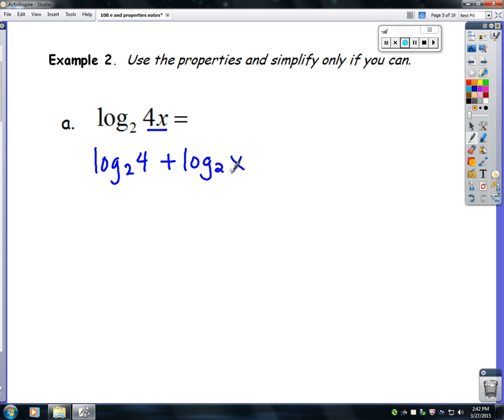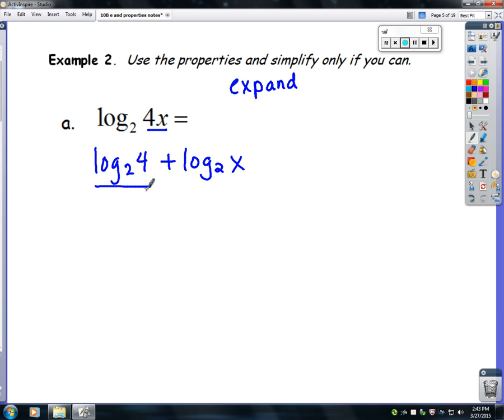Sometimes your directions are going to say expand. That's what we did here. We expanded this. That's another way you might be asked to. So expand it. Use the properties to break apart. Now hopefully you recognize that, look out for your numbers when you have all numbers for your base and numbers for that m value. We can simplify this. Remember what this means.